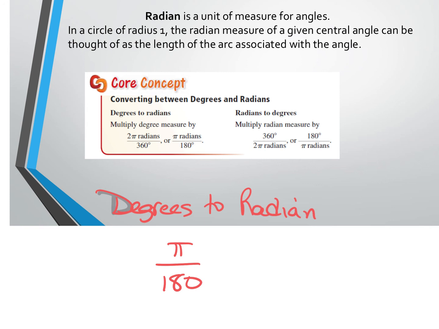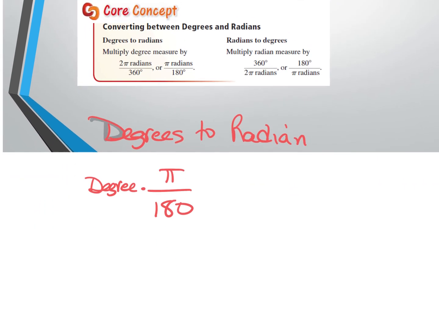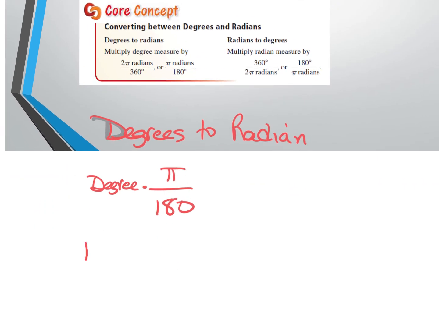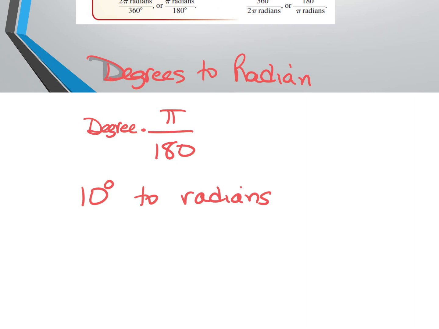So we will take the degree measure that they give you and multiply it by pi over 180. For example, if I ask you to convert 10 degrees into radians, and you're going to do this in the homework, and you're leaving it in terms of pi, you have to simplify the fraction.